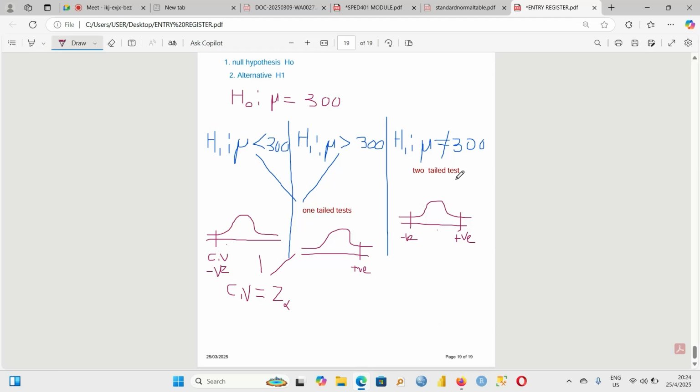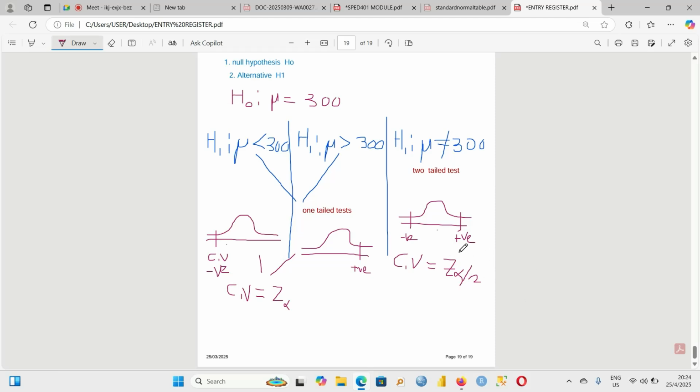But in this case, where we have a two-tailed test, I simply divide my alpha by 2. So my critical value will be Z alpha over 2. For instance, when they say test at 5%, my alpha will be 5%. So I'm going to divide my 5% by 2, and I'm going to get 2.5%.